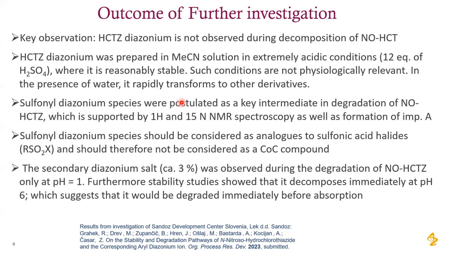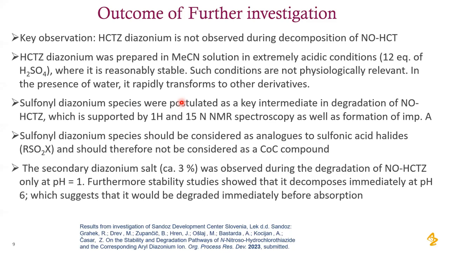It had to be prepared in acetonitrile solution under extremely acidic conditions, 12 equivalents of sulfuric acid. It's the only condition in which it's reasonably stable. Clearly, such conditions are not physiologically relevant, and immediately in the presence of water, it rapidly transforms to other derivatives.